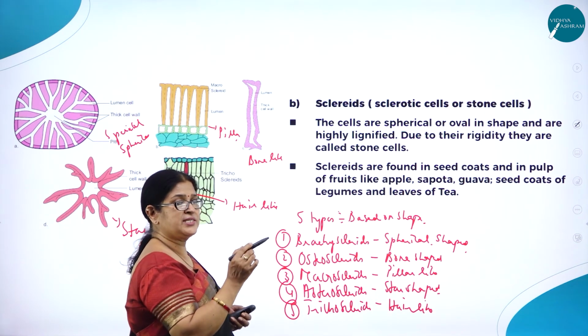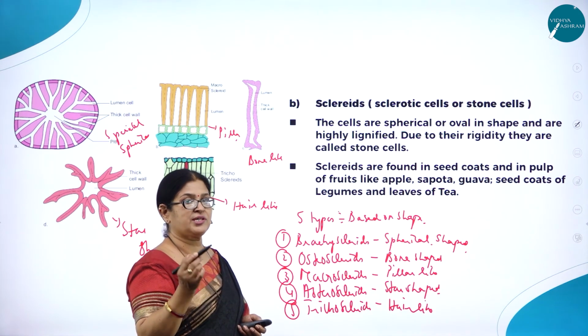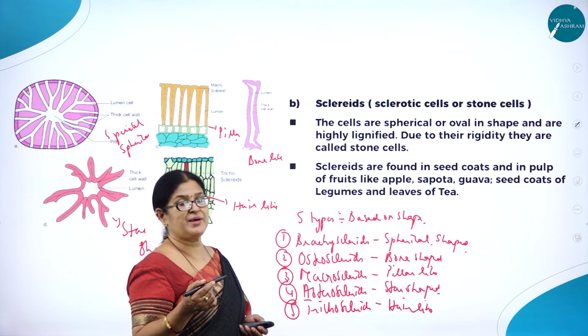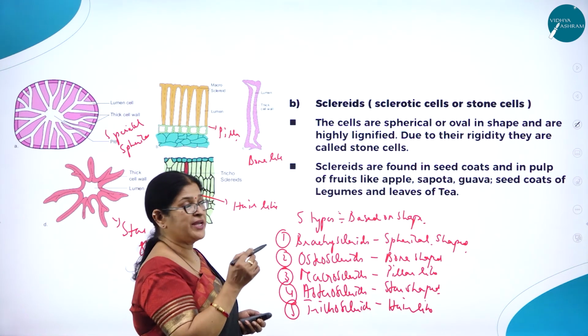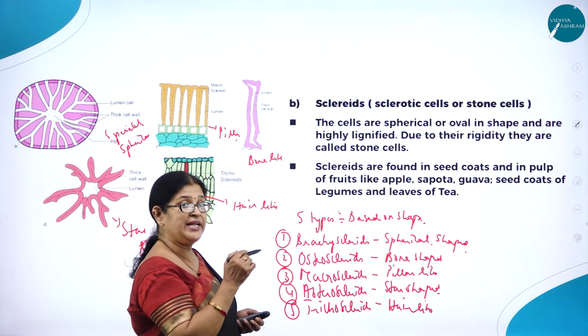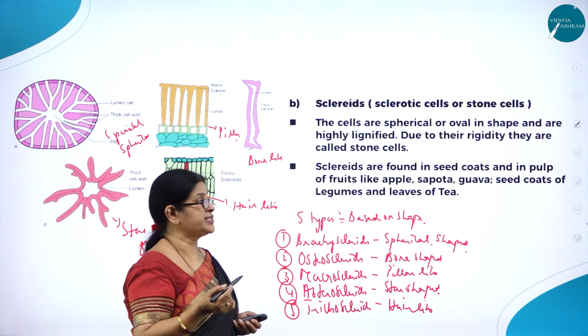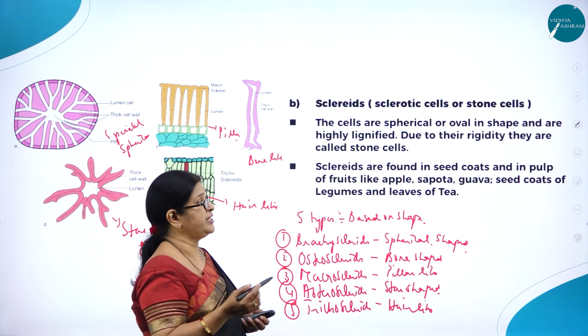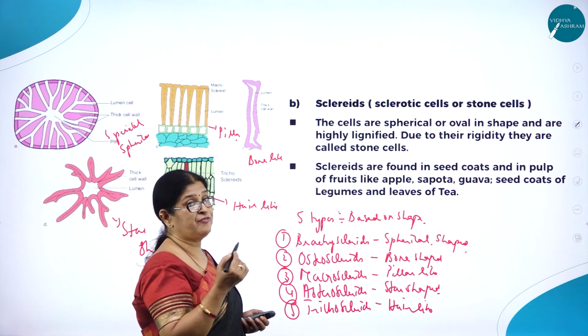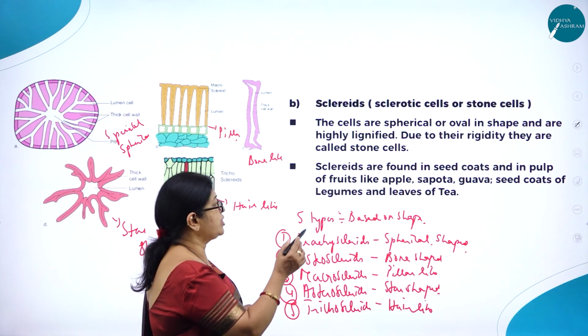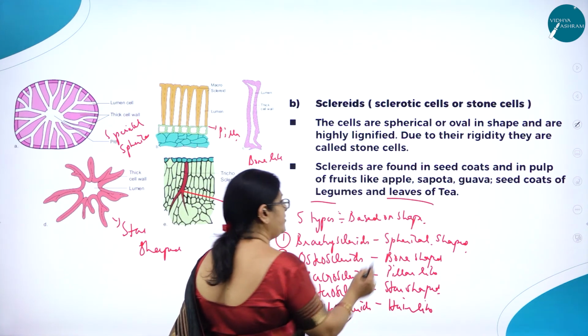What are sclerids? Sclerids are otherwise called sclerotic cells or stone cells. Because of their hardness, they are given the name stone cells. The cells are spherical or oval in shape and are highly lignified, and due to their rigidity, they are called stone cells. Sclerids are found in seed coats and in the pulp of fruits like apple, sapota, guava, seed coats of legumes, and leaves of tea.